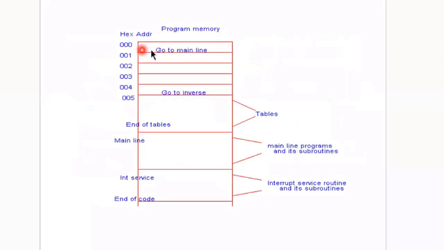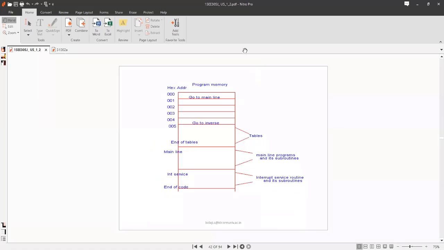This is one location which is given most importance. The other location is the go to interrupt in service, at address 0004. So these two locations are most important. After 004, we have 005, and from 005 we can allocate this space for tables.